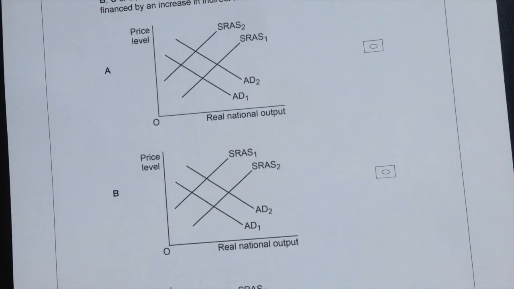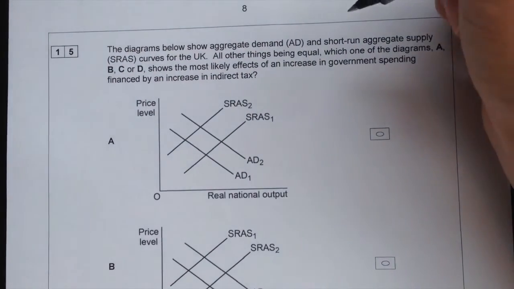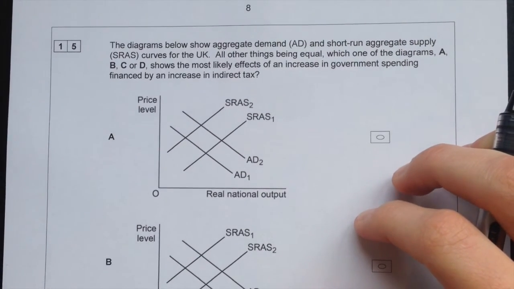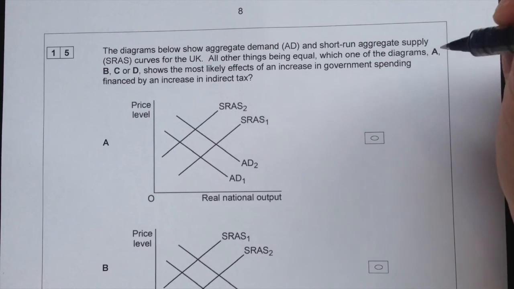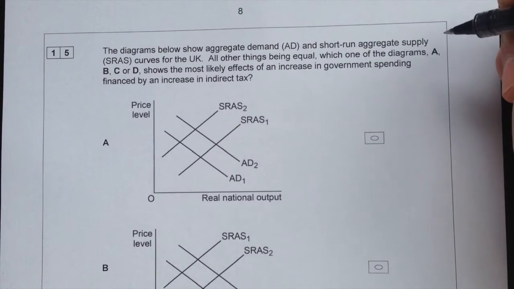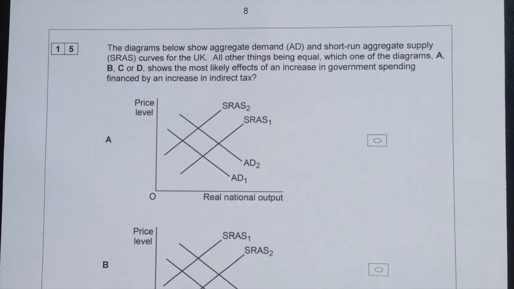So now question 15. The diagrams below show aggregate demand and short-run aggregate supply. All other things being equal, which one of the diagrams, A, B, C, or D, shows the most likely effects of an increase in government expenditure financed by an increase in indirect taxes?